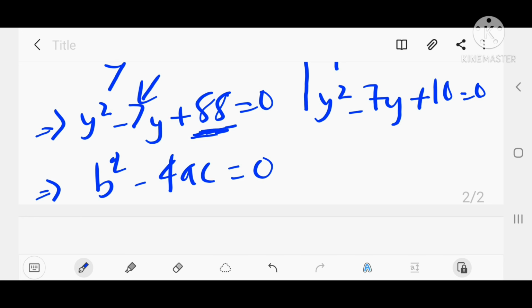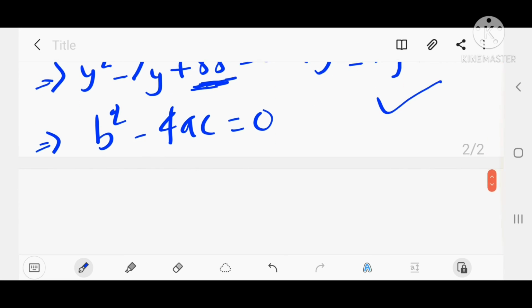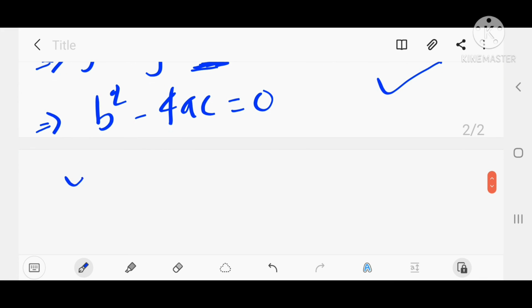So we discard this and pick this, because the square of this is 49, which is far above this. So we have y squared minus 7y plus 10 equals 0.